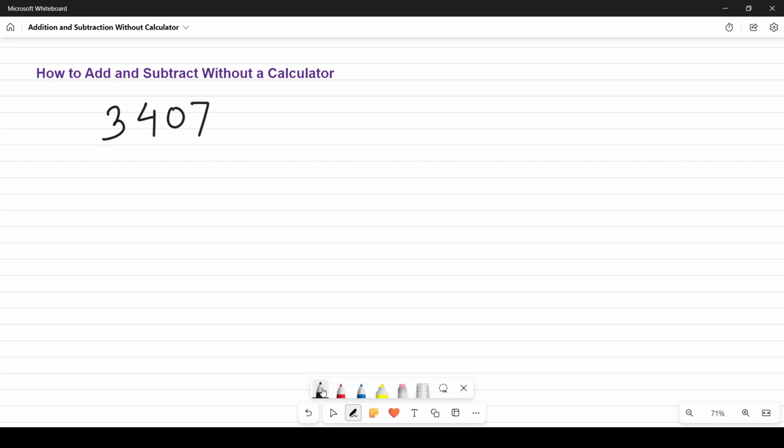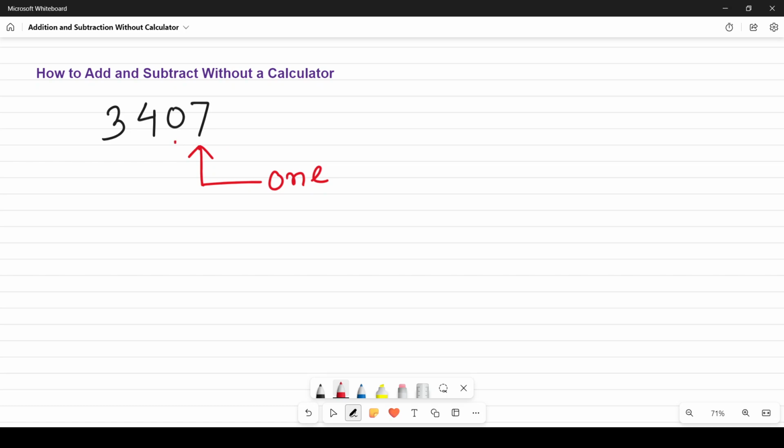If I take this 7, the first position is called ones. It is basically a multiplication factor, and the multiplication factor is 1. So the place value of this digit is 1s.